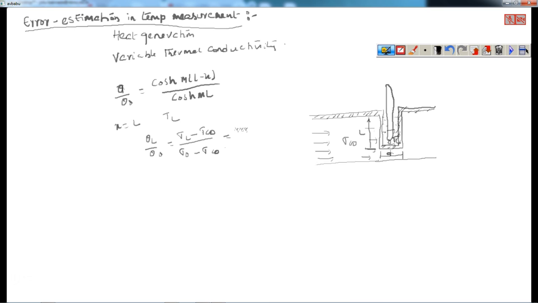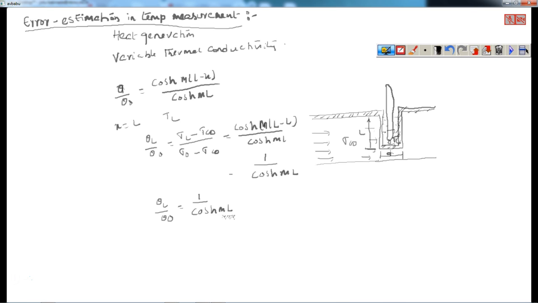This is equal to cosh m into L minus L divided by cosh mL, that is equal to 1 by cosh mL. Obviously here theta L by theta 0 is equal to 1 by cosh mL.